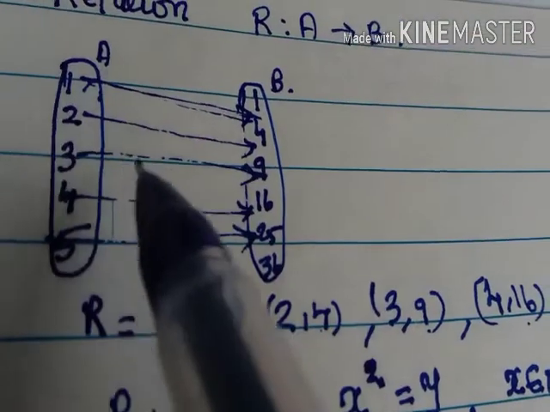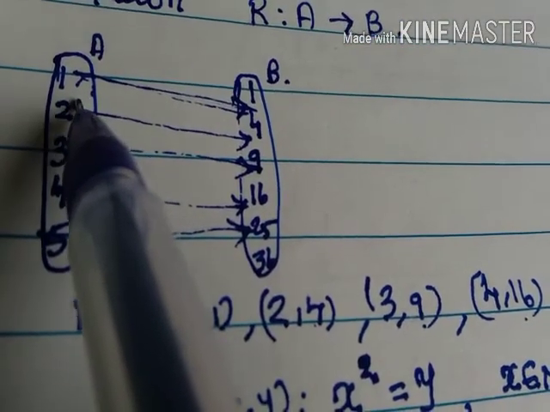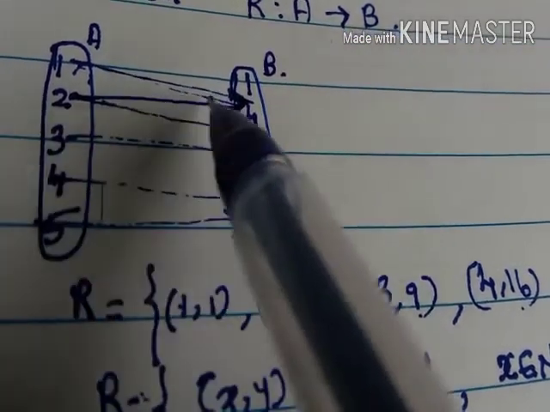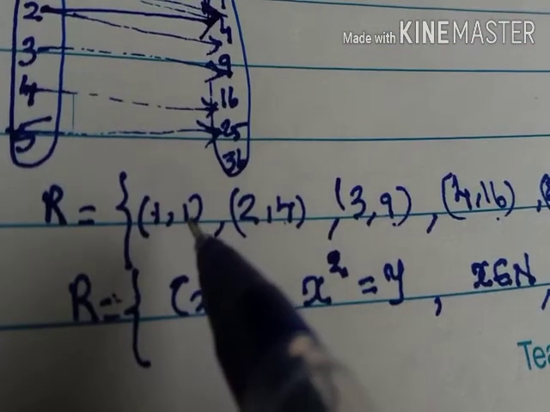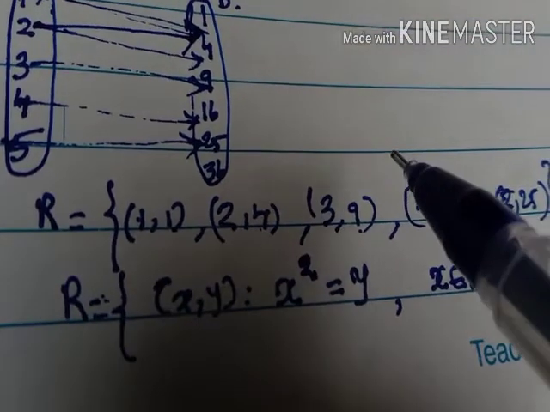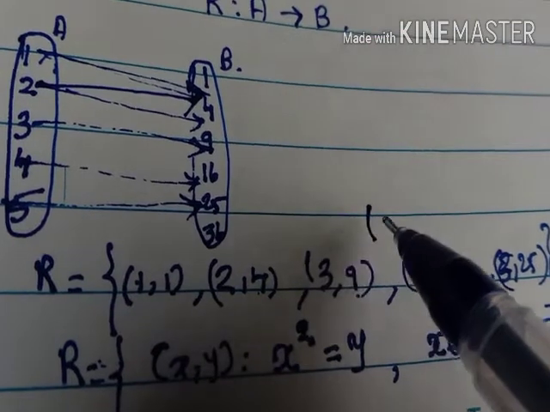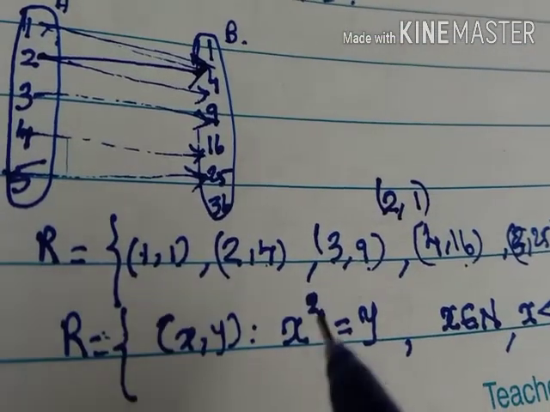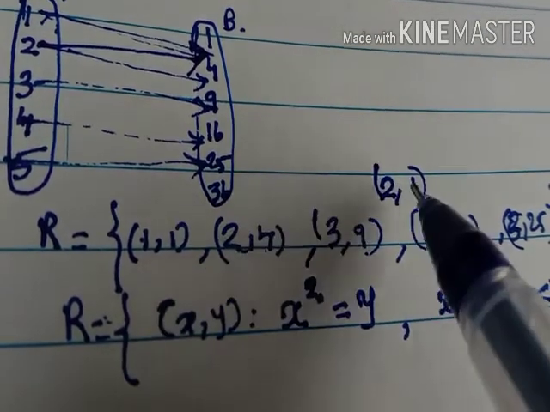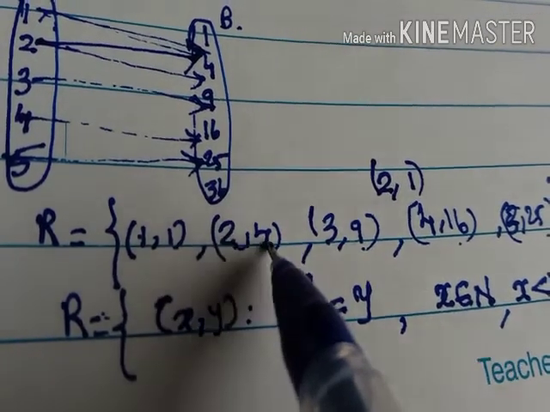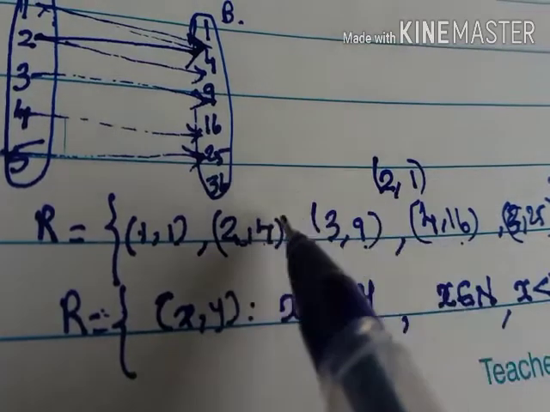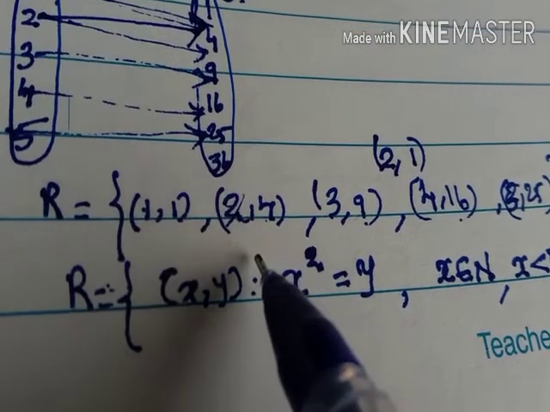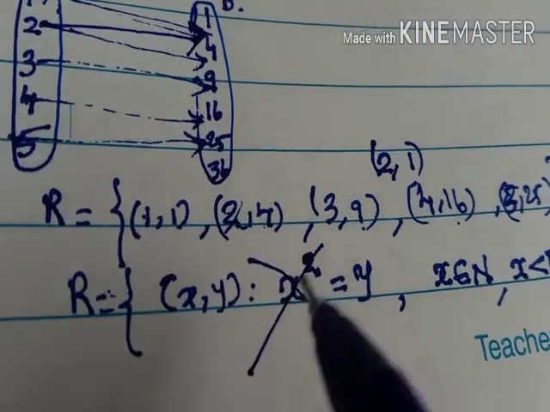Now in this arrow diagram, I am going to make one more arrow from 2 to 1. So in addition to these 5 ordered pairs, we get one more ordered pair, (2, 1). In this case there are 2 ordered pairs, (2, 4) and (2, 1), in such a manner that it violates the rule.